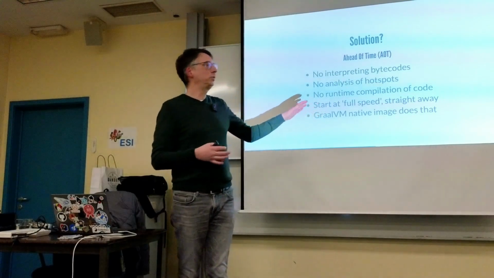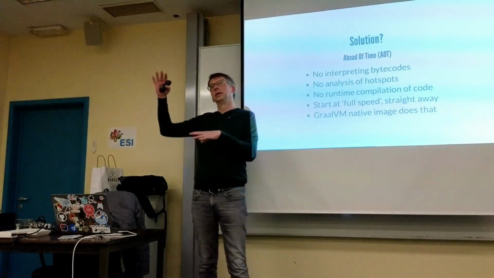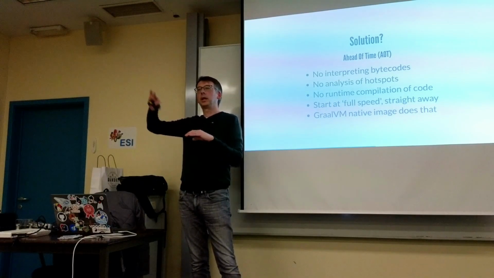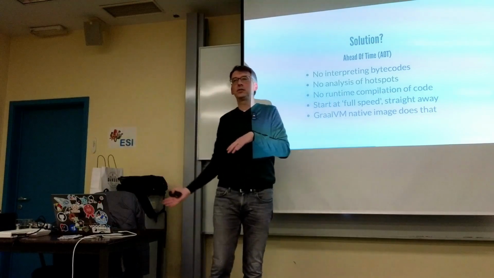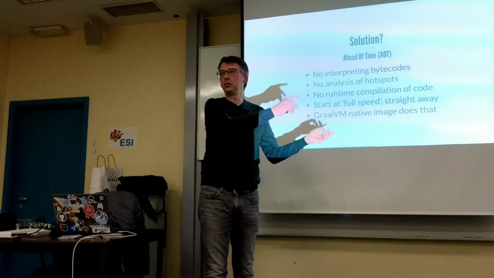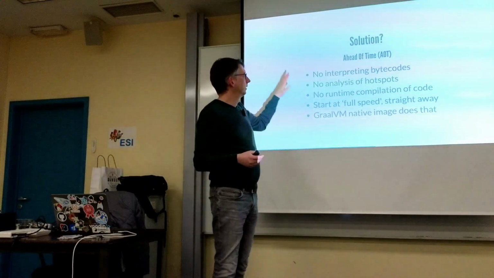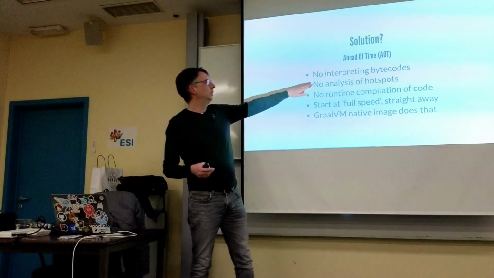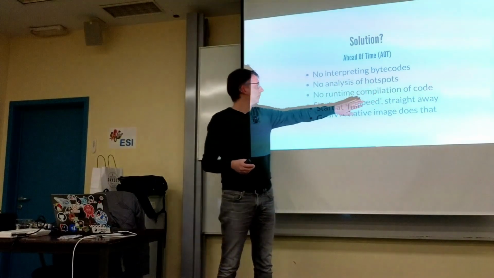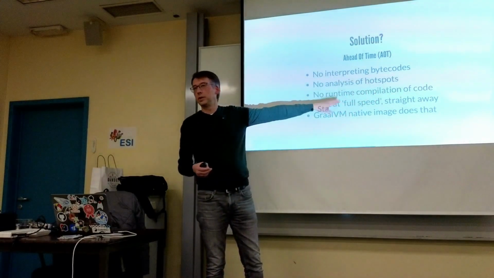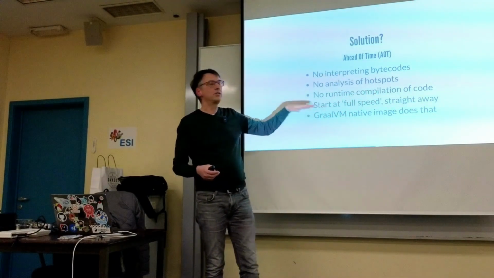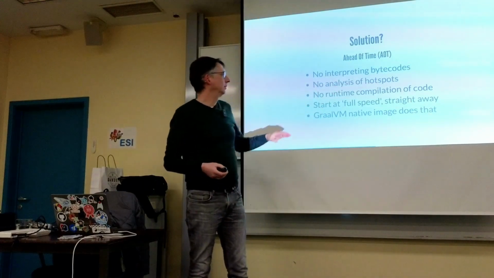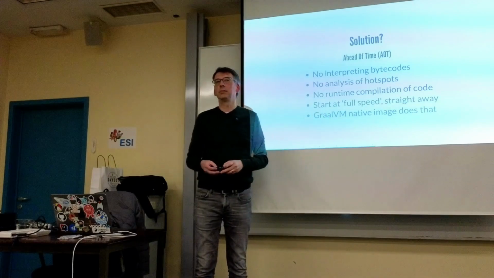That means we are moving this whole part which is happening in the blue part, with the compiled code, the native code, to our build pipeline, not to the running application. So we don't need to interpret the bytecode at runtime. We don't need to find the hotspots. There is no runtime compilation happening, and we can start in the blue zone directly.